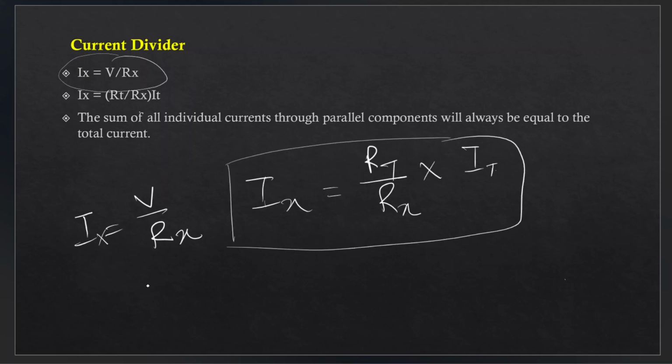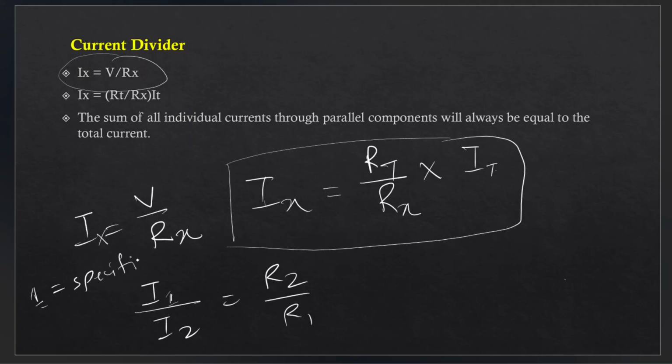Now what does this current divider formula come from? From that ratio equation. So we had I1 over I2 is equal to R2 over R1. Now consider that I1 is the specific current we want to find, the current flowing through a specific resistor, and I2 we consider to be the total current. Basically 1 is equal to specific, and 2 is equal to total.